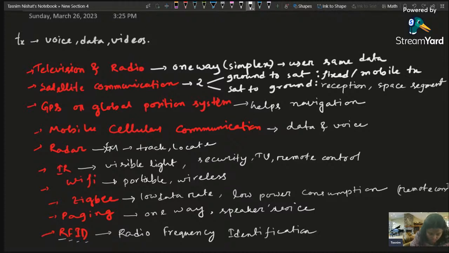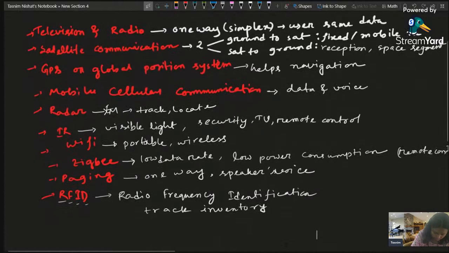So this is used to track inventory in real-time data. The barcode is pretty unique as the data.